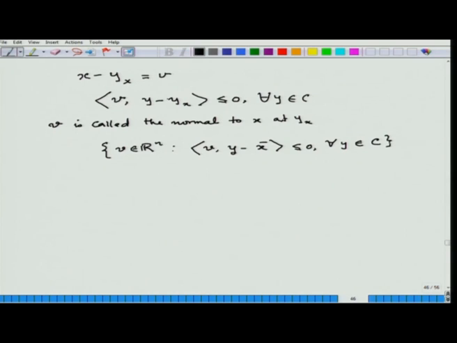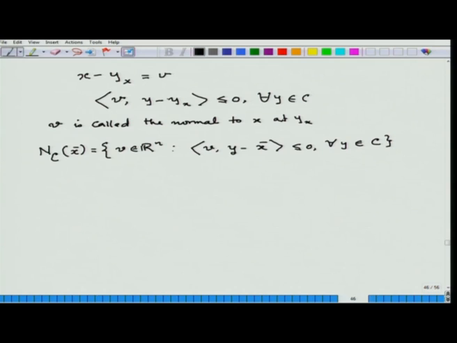Now, if you look at this set, it follows the definition of a cone. If you take any v, then lambda v is also an element of this set. So, this set is called the normal cone, the cone of normals basically, to the convex set C at the point x bar.